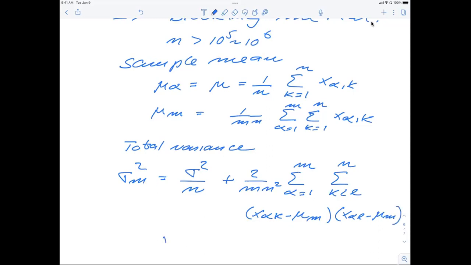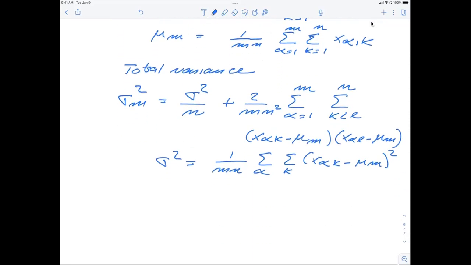And this sigma squared, just to complete what we did before the break, is the variance of all the single observations, a sum over alpha and over k, given by x alpha k minus mu of n squared.